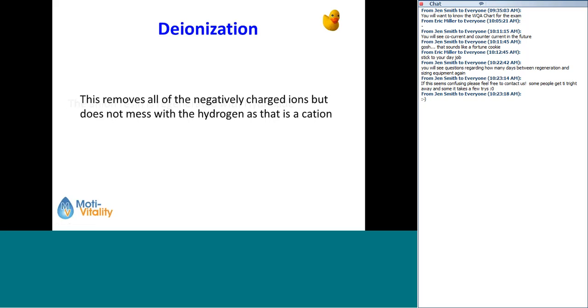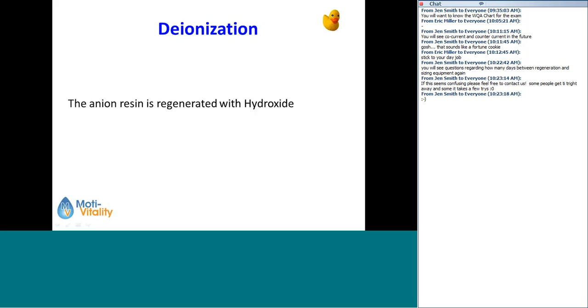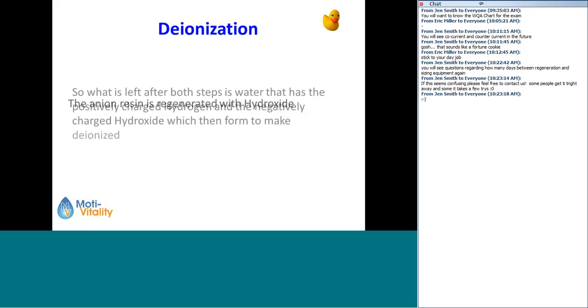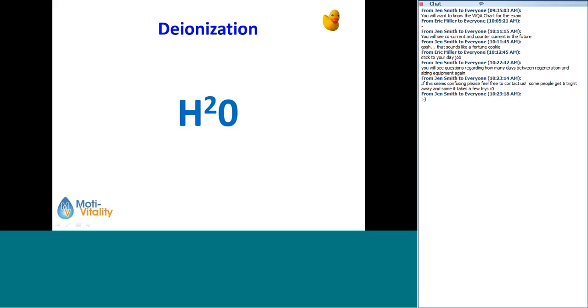You regenerate the anion resin with hydroxide, which, if you recall from last week, is Mickey with a severed ear. So the result, what's left after both steps, is water that has positively charged hydrogen and negatively charged hydroxide ions in it, which then combine with each other to make H2O, so deionized water. Yay.